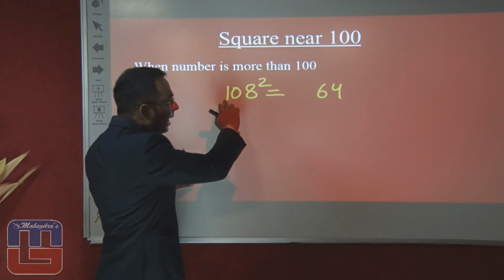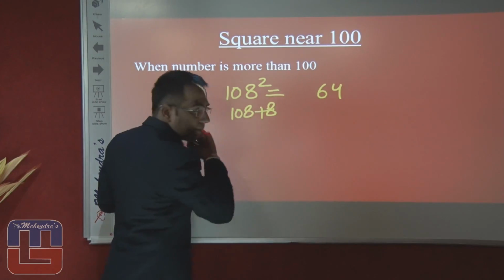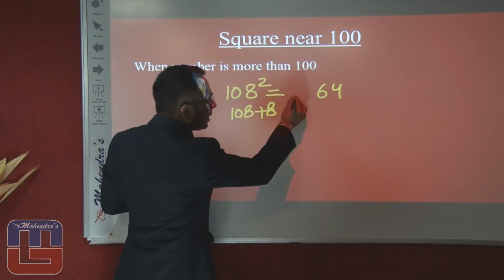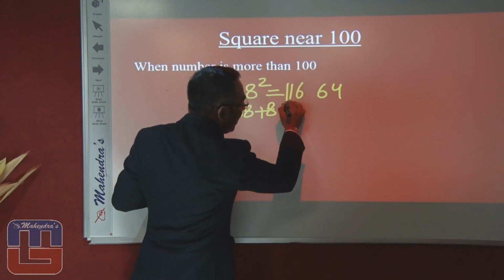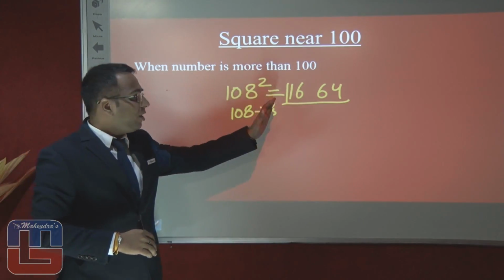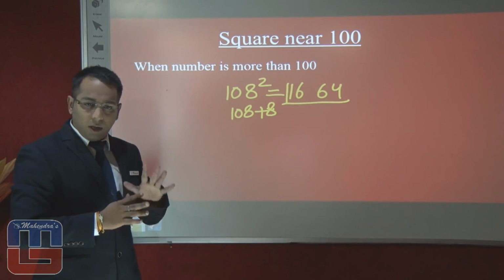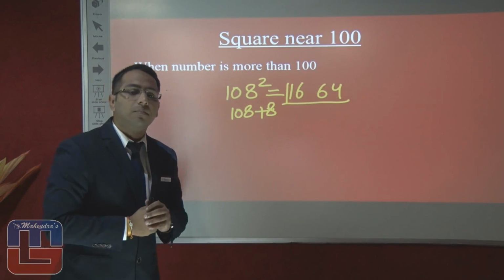That is, we add 100, 8 and 8, so we get 116. So the square of 108 will be 11664. It is easily calculated by this method.